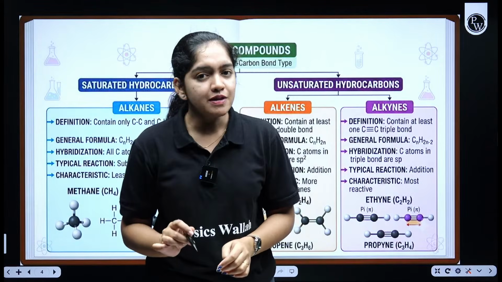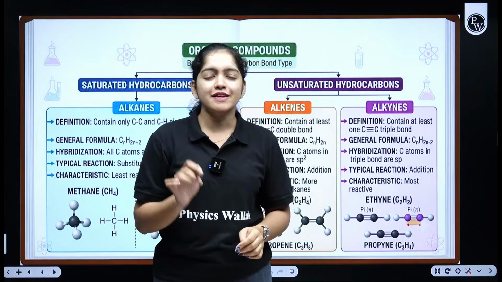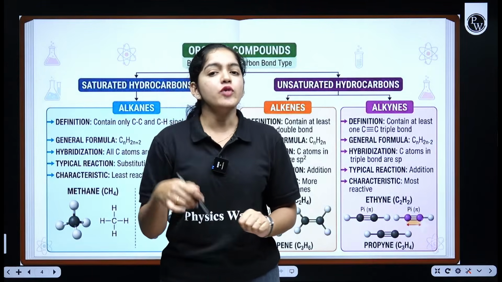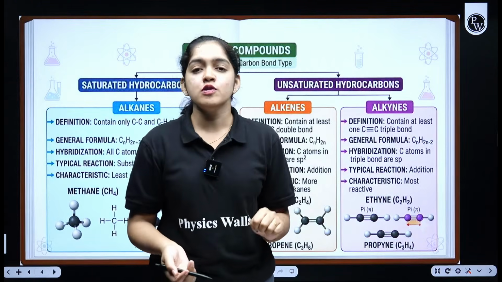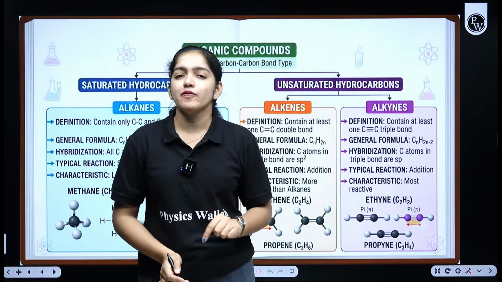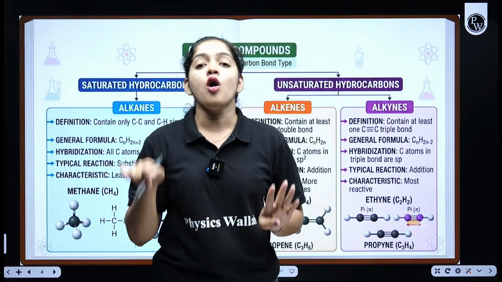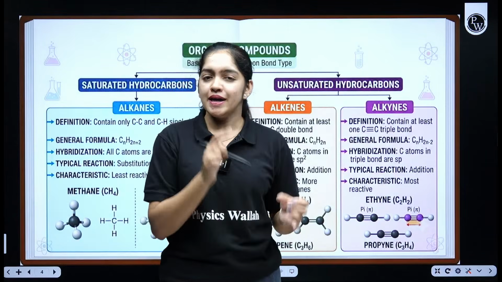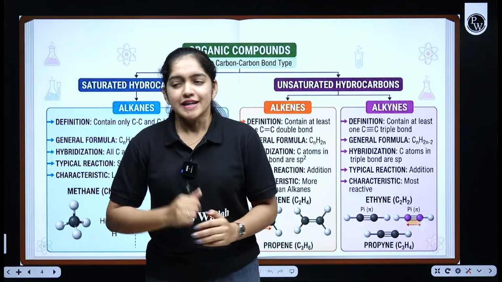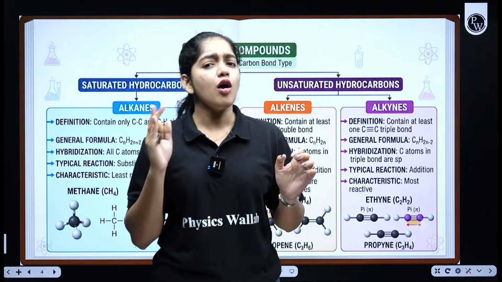The configuration will be 2, 4. In the outer shell, the valence shell, only 4 electrons are present. Is it stable? No. It requires 4 more electrons for attaining stability. So it will form covalent bonds with other atoms, right? Because of that, carbon can have 4 bonds around it. And those bonds can be single, double or triple.